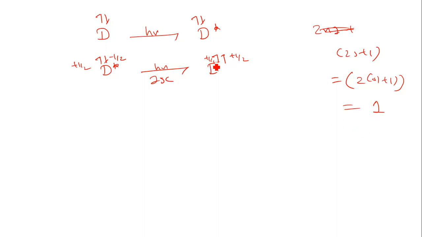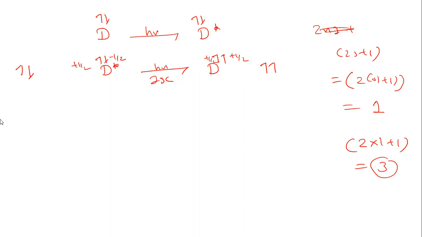But when we calculate 2 into plus one half plus one half, that will be 1, plus 1, so it will have a triplet state. So that is the difference. Here you have the electrons plus one half and minus one half, but when we go for intersystem crossing, both the electron signs are the same, so the multiplicity will be triplet. Here the multiplicity will be 1.